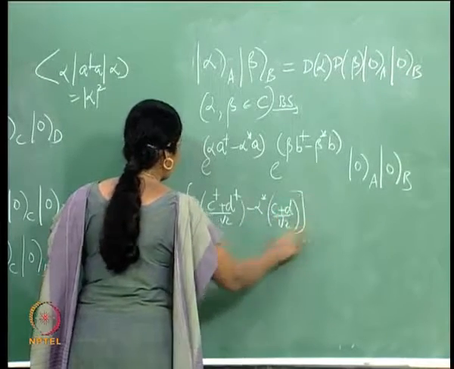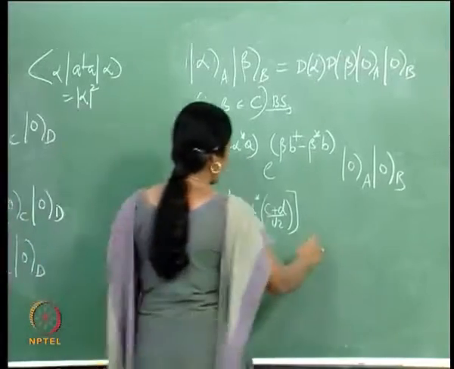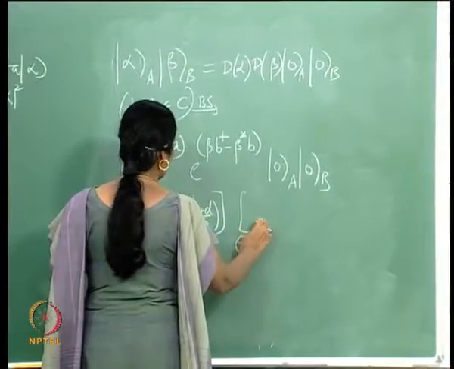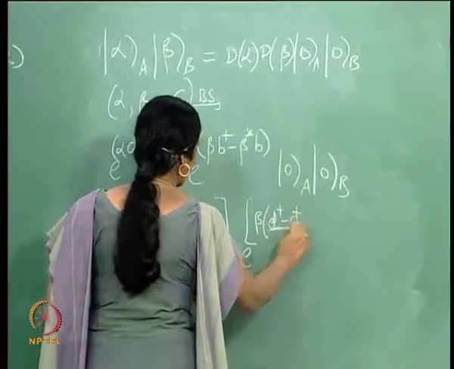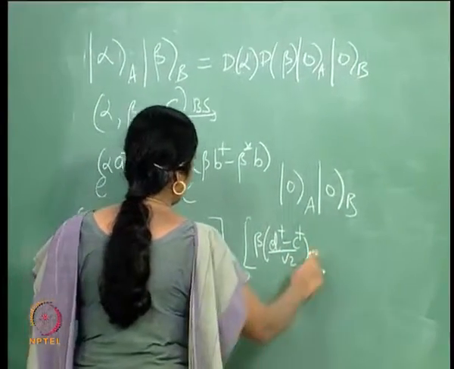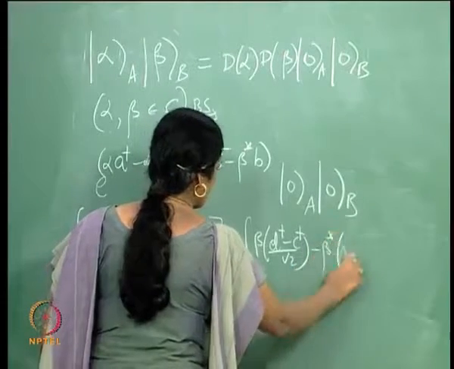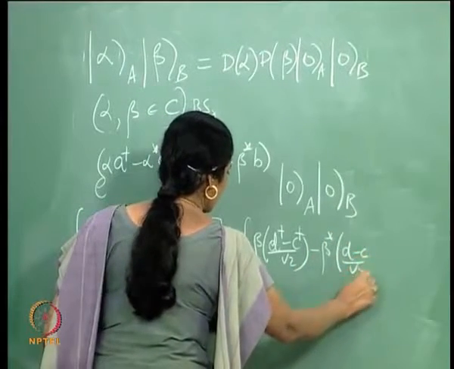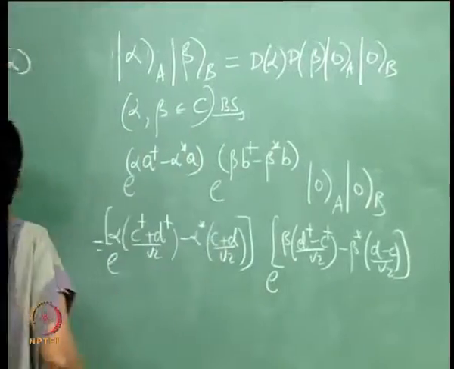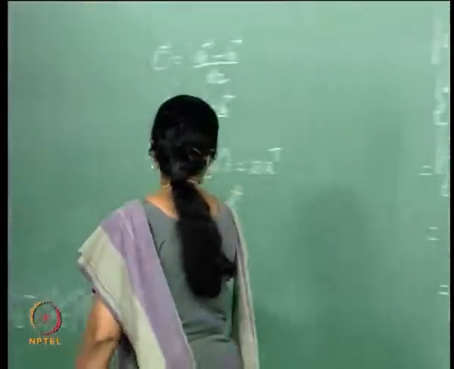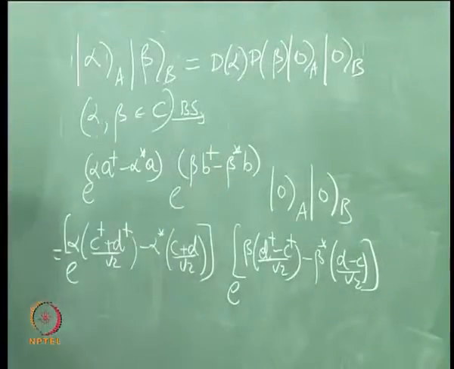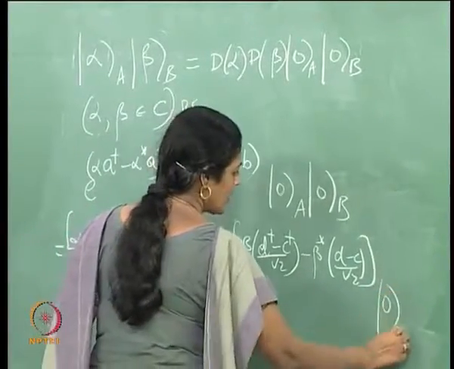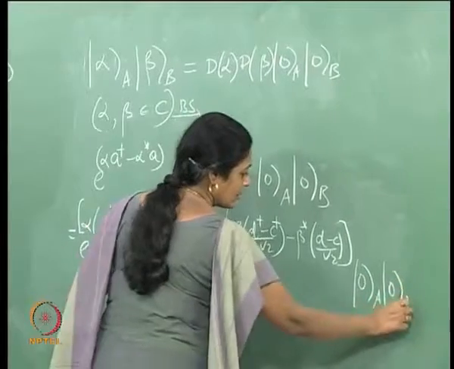That is my first term. Then I have e to the beta B, which is beta D dagger minus C dagger by root 2, minus beta star D minus C by root 2, because B dagger was D dagger minus C dagger by root 2. I have just put that in. Ket 0 A, ket 0 B.